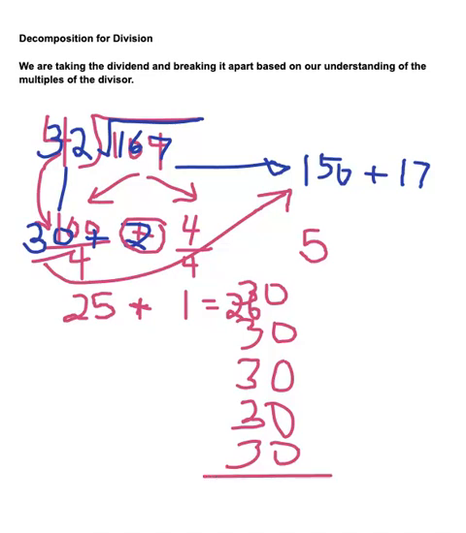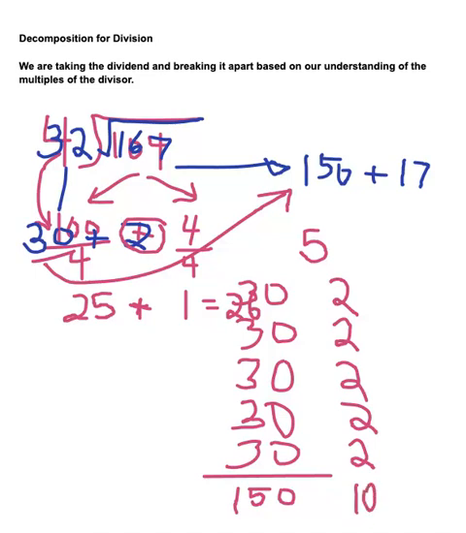But it's not enough, because remember, I'm trying to divide by 32. So I need each of these 30s to have a 2. So I'm going to put a 2 right beside each of these 30s and see what that would be. 1, 2, 3, 4, 5 twos, right? We had 5 thirties, now we have 5 twos, and that ends up being 10.